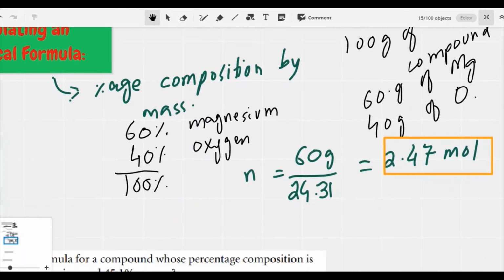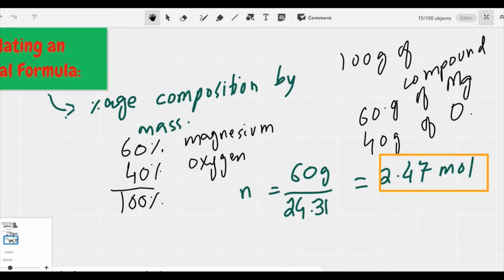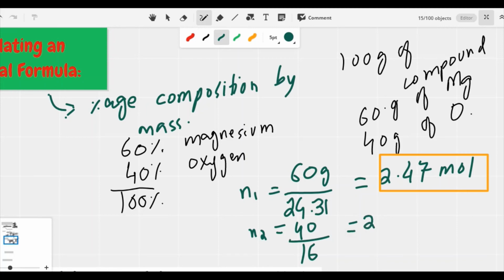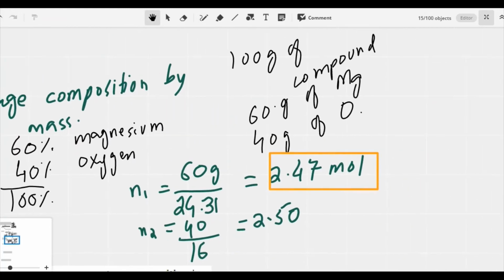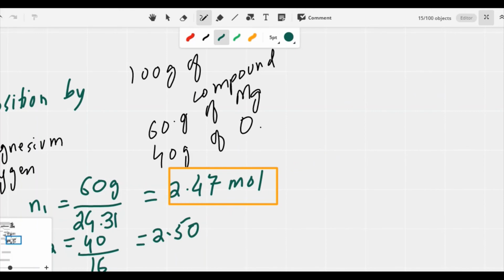Now the next one: you need to convert the mass of oxygen into moles. The first one is n1, now there will be n2, which is 40 divided by the atomic mass, 16 or 15.99. That will equal 2.50. So now we have 2.47 as one value and 2.50 as the second.